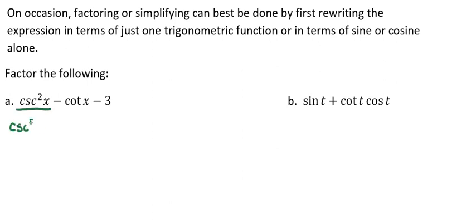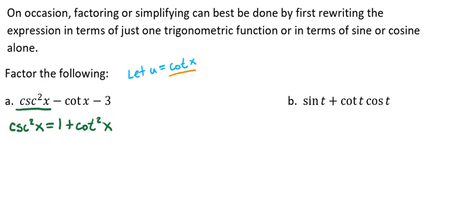So what do we know? Well, we know that the cosecant squared of x equals 1 plus the cotangent squared of x from our trig identities. So here, we want to let u equal the cotangent of x.